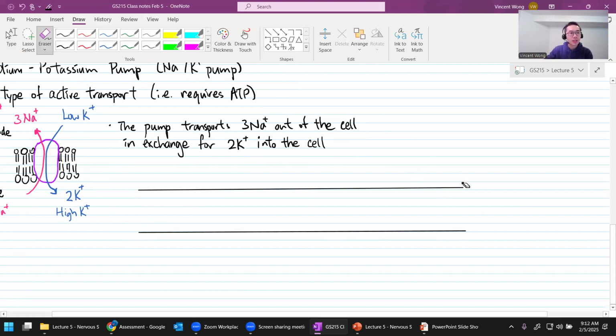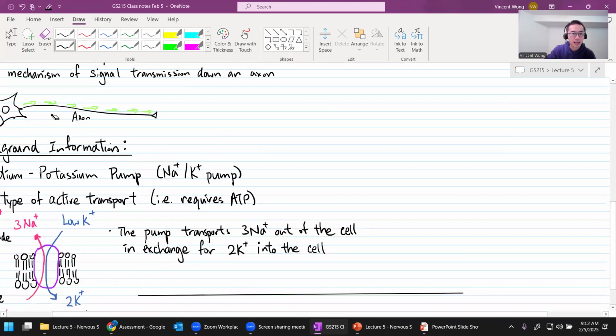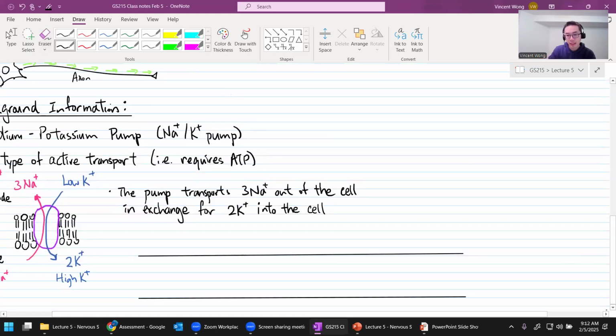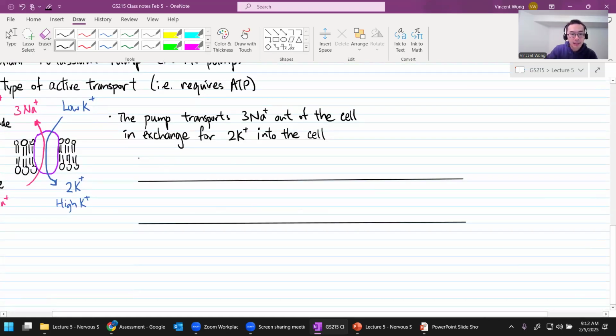So this is the axon. The axon is like the tail part of the neuron, and I'm just zooming in on the axon. You have the outside here, and then this would be the inside, as in the cytoplasm.